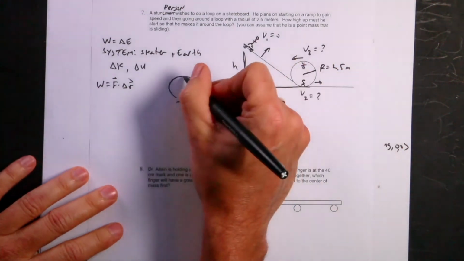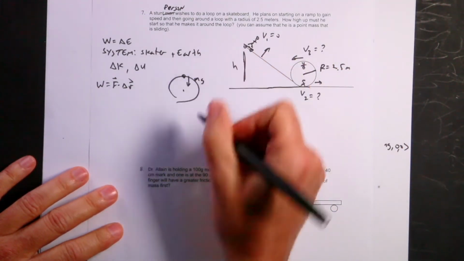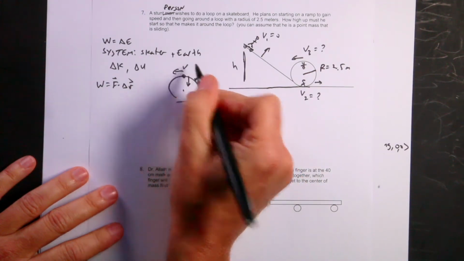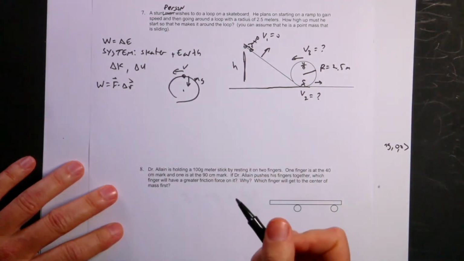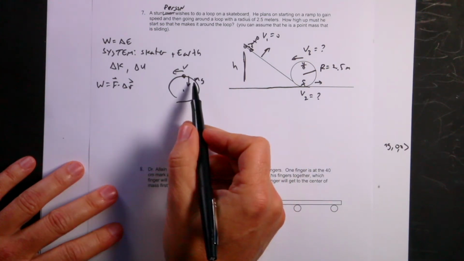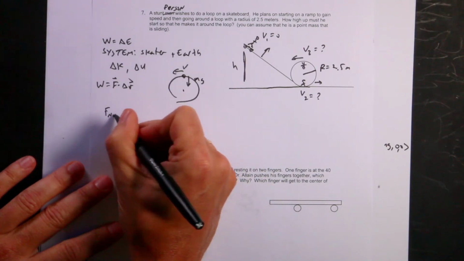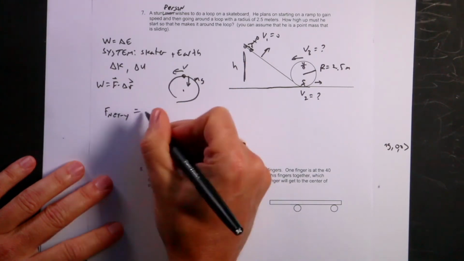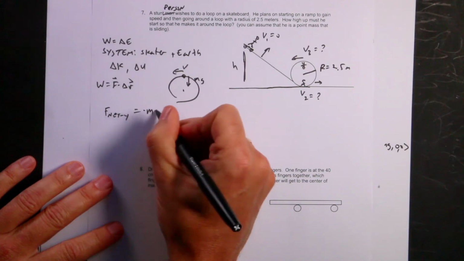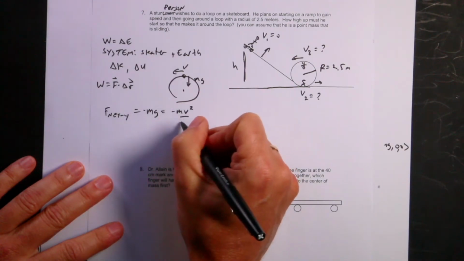Up here, I would have the gravitational force, and that's the velocity. They're moving in a circle, and the acceleration has to be equal to the weight. So at the top, F net y equals negative mg equals negative mv squared over r.